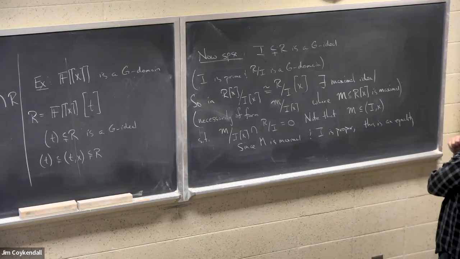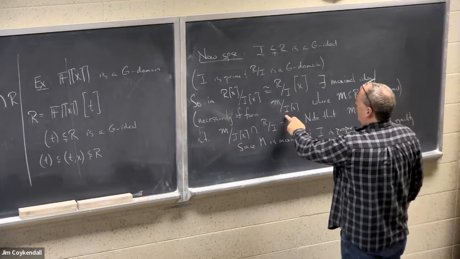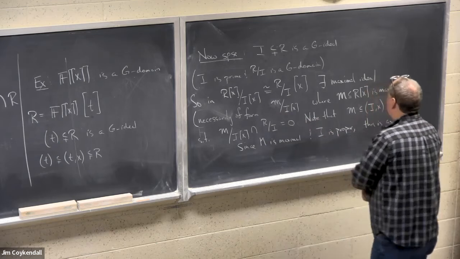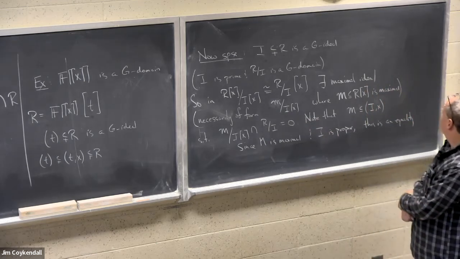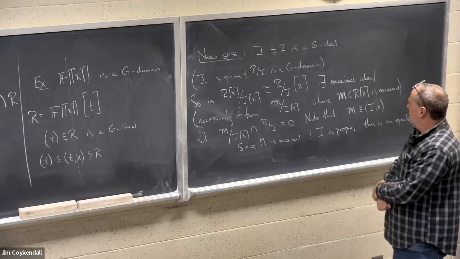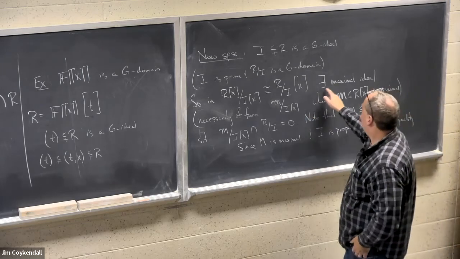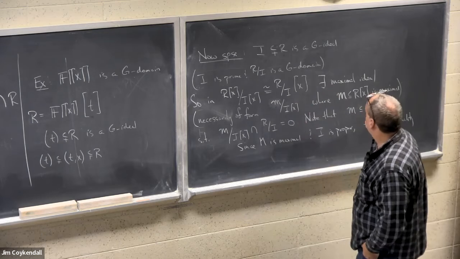Okay, so let's check this out. So if you have M mod IX here, M is maximal. Yeah, so a maximal ideal of this necessarily has this form.